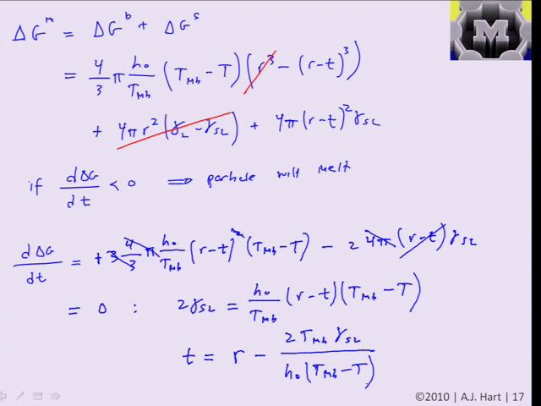And this is the thickness at which the melting would proceed from that particular thickness to a fully melted particle. So we're going to call this our critical thickness.